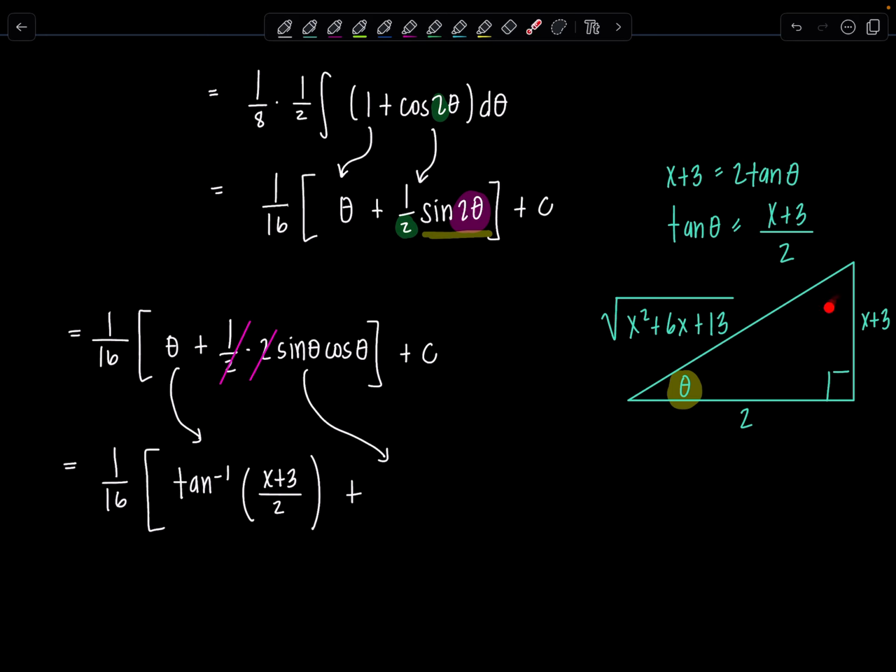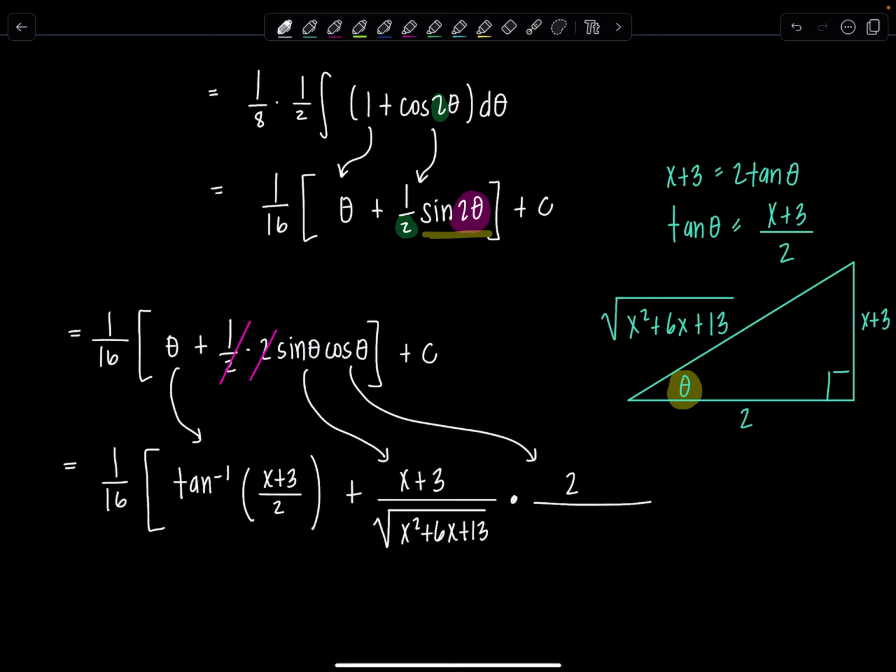Sine theta is going to be opposite over hypotenuse. So that will be x plus 3 over hypotenuse, which is rad x squared plus 6x plus 13, times cosine theta. Cosine theta is adjacent over hypotenuse. So that's 2 over rad x squared plus 6x plus 13. Close her up, plus c.